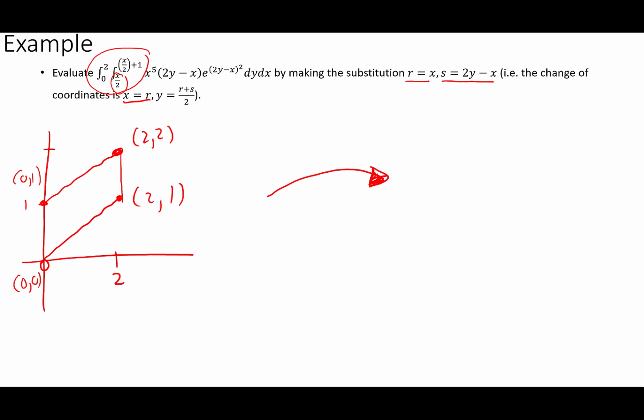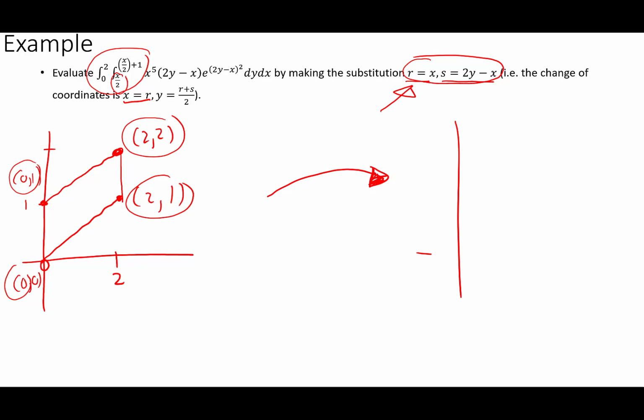This is why I solved here for r and s: to figure out what happens, we just plug all of our vertices into our transformation. Over here, this is the xy plane, and when we do this transformation, we're going to transform this parallelogram into something in the rs plane.